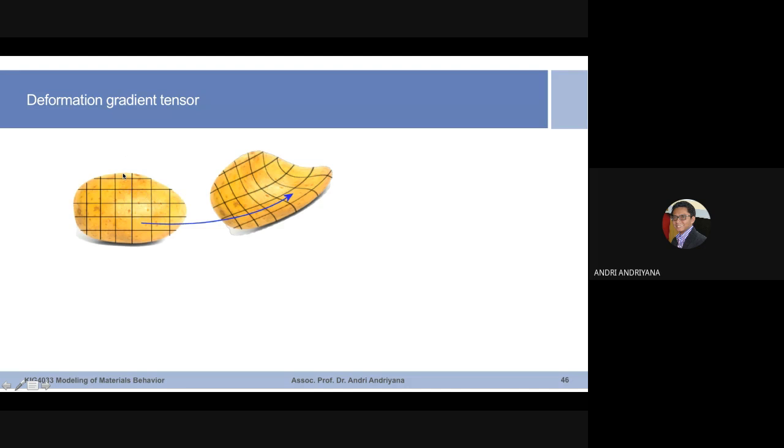However, if I make sure that the distance between vertical lines is very small, and the distance between horizontal lines is very small, so that I have a very small square, then the square will not be distorted, it will simply be rotated because it is very small. Or similarly, if I consider one line here, a portion of a vertical line, it becomes a curve here.